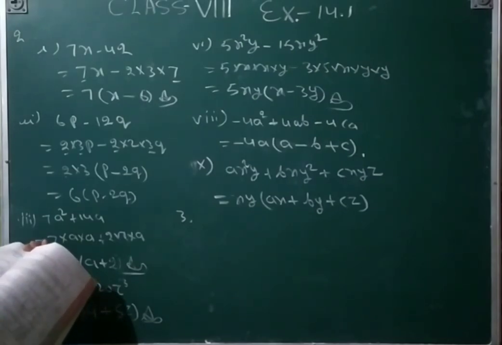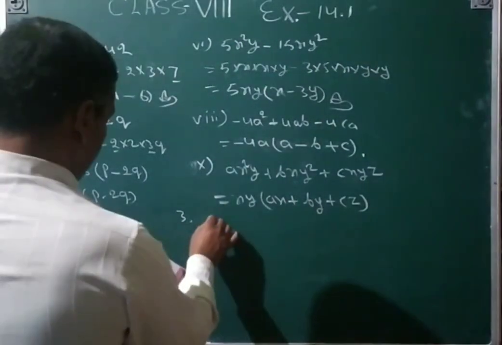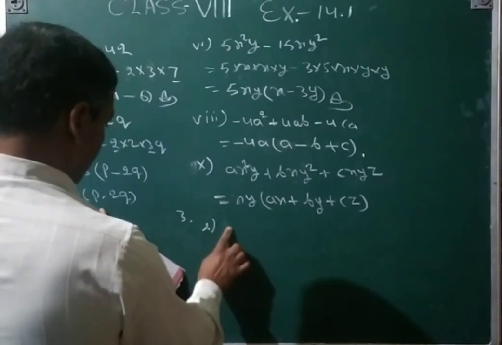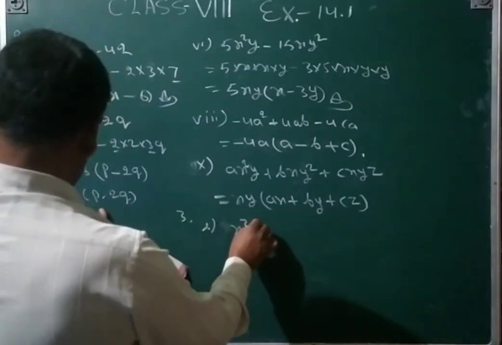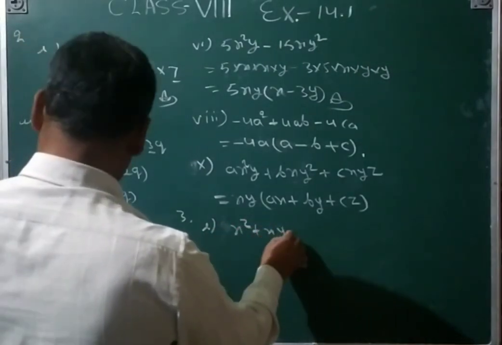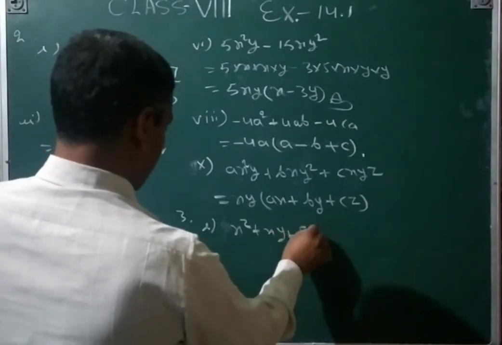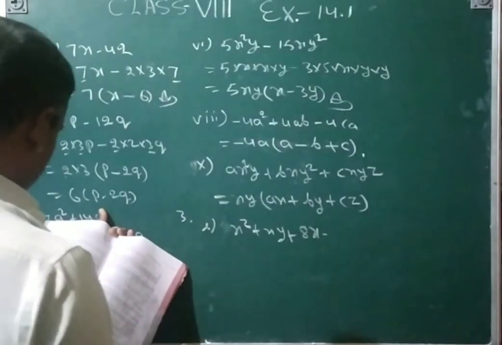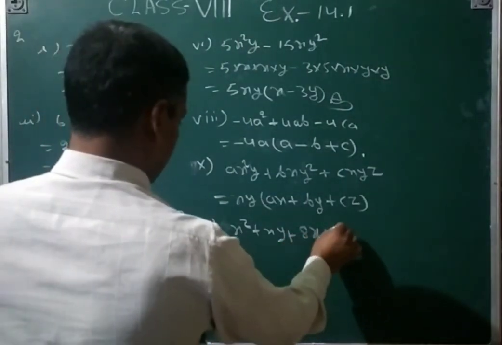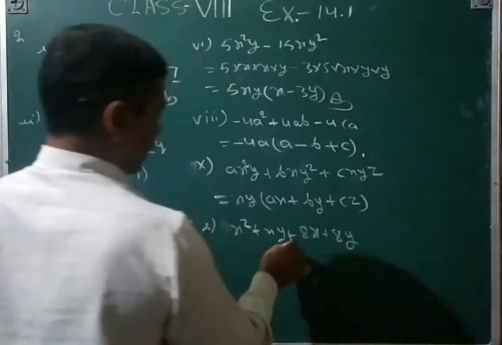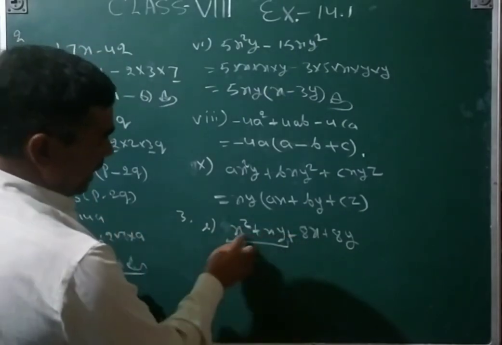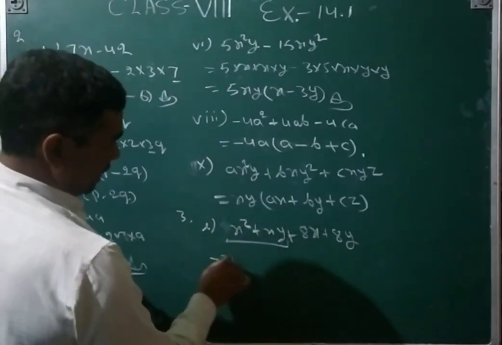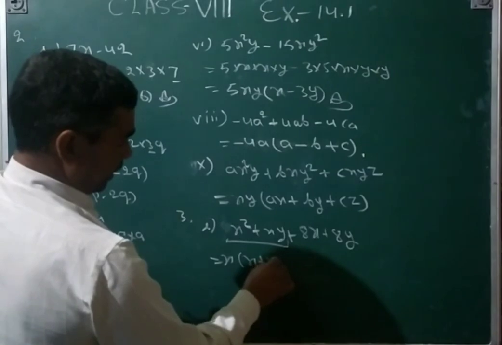And then the third question, that is also factorize. x square plus xy plus 8x plus 8y, everywhere plus. In the first two we are looking at x, so x will be common, so x plus y will be left here.